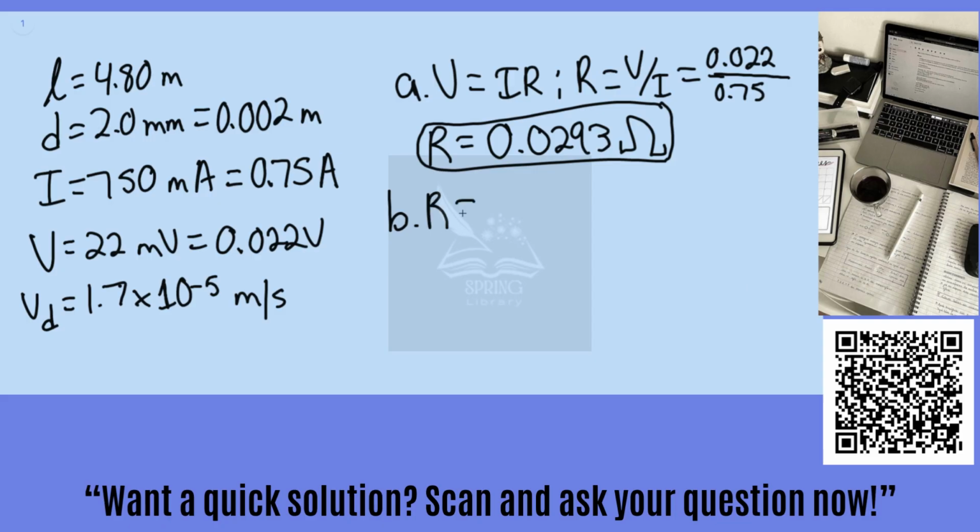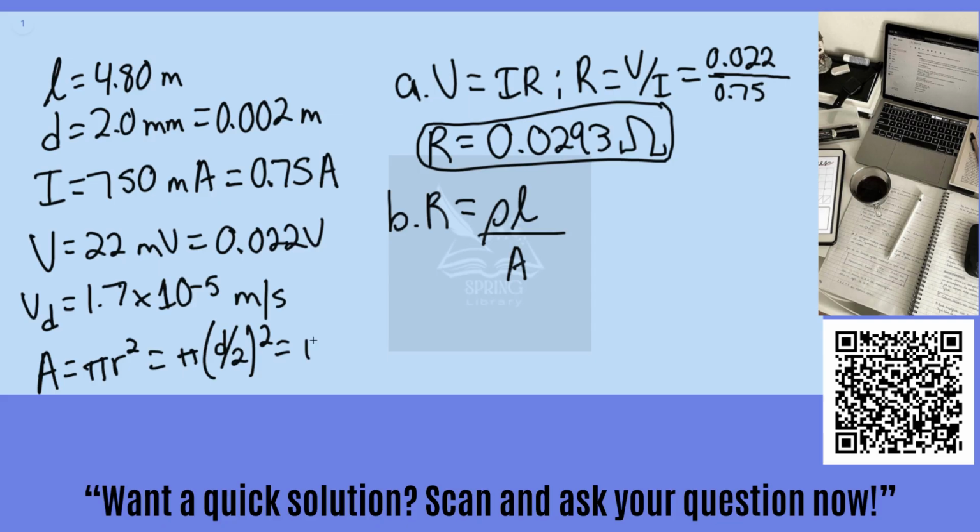The resistance is equal to the resistivity times the length divided by the area. And we know that the area is going to be equal to pi r squared, or pi times d over 2 squared, or simply pi d squared over 4. So this becomes 4 times the resistivity times the length divided by pi times d squared.